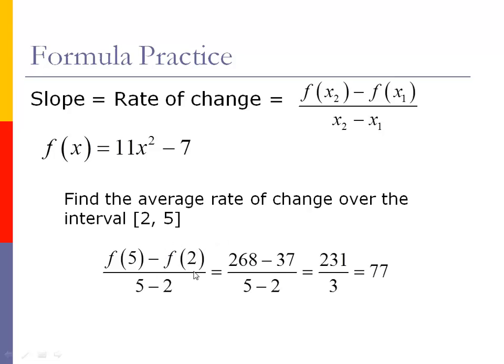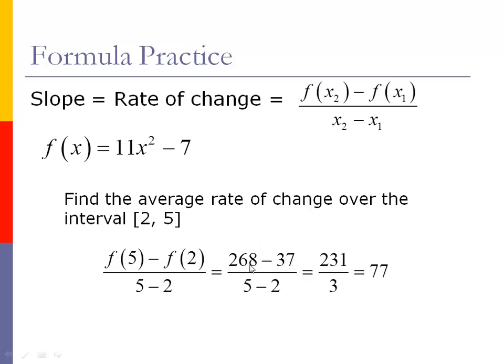Then when I've got this f of 2, that's telling me take the 2, go to the original formula where the x is, I plug in 2. So I've got 11 times 2 squared minus 7. When I crunch that calculation, I bring that result down here: 37. And I plug that into that formula.